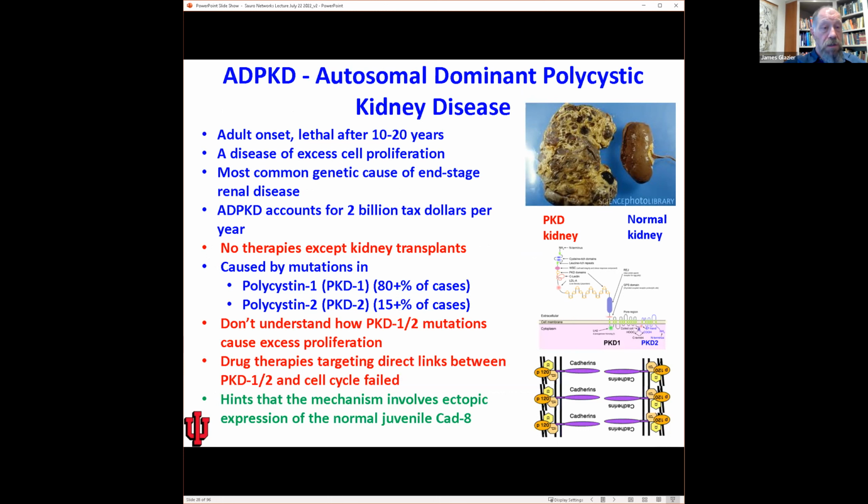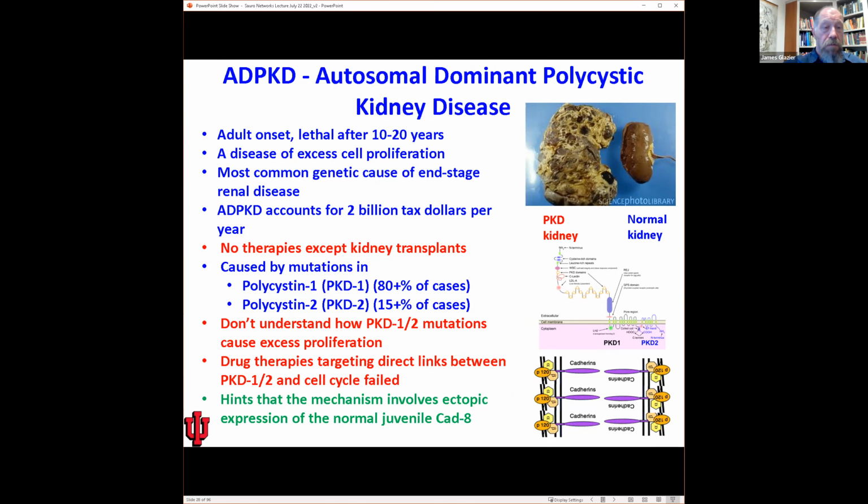At the moment, there really isn't a good drug therapy. Kidney transplants are about the only thing you can do. In this case, it was understood that there were two gene mutations that were causal to the disease, but how those mutations led to changes of cell behavior were not understood.